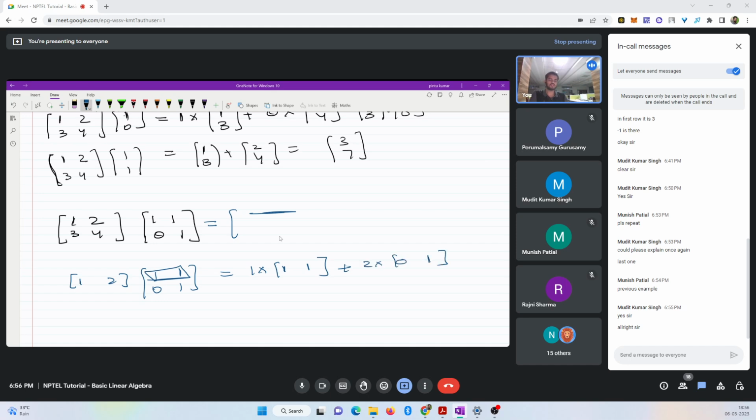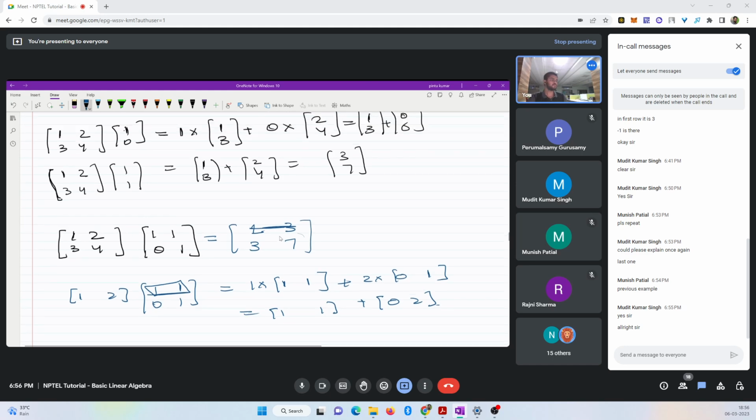That is 1, 2 plus 0, 0, which gives 1, 2. Similarly for the second one you can do it. This would give you 3 and this one would be 7. So you can see we got the same answer.